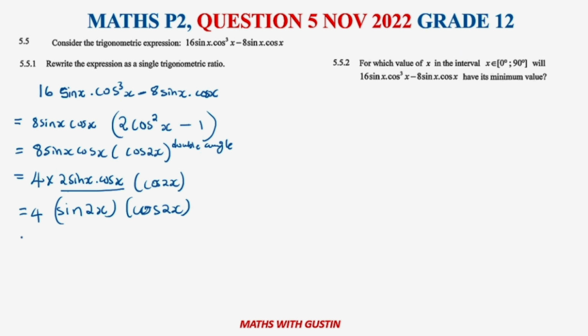This 4 here can also be reduced to 2 times 2 times sine 2x times cos 2x as well. So this part can still be simplified to the next identity, which is going to be 2 sine 4x times cos 2x.